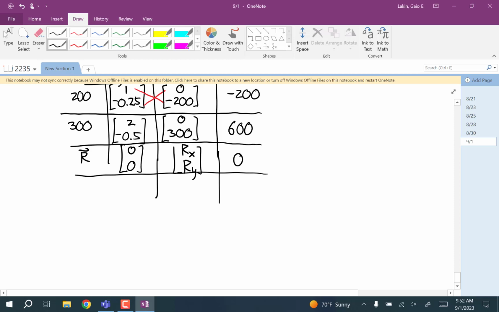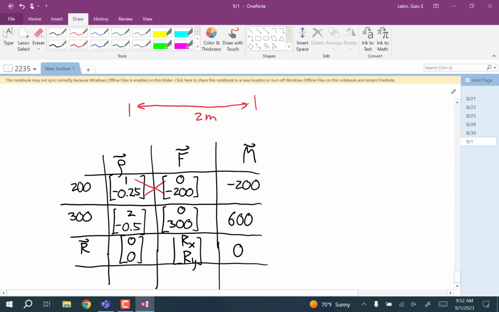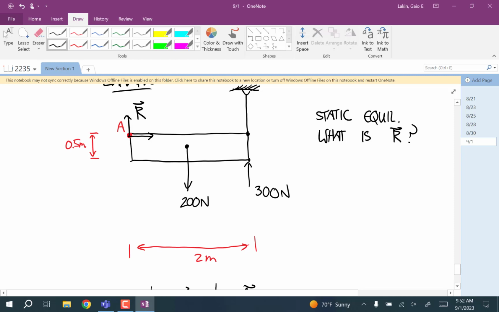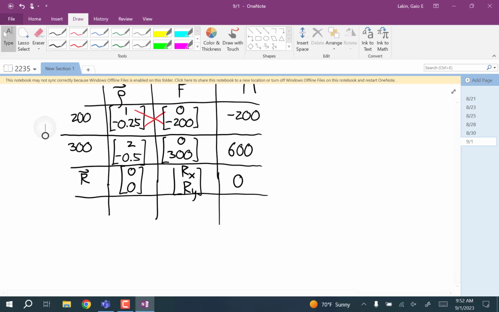This is almost done. Now we need the cable force. The cable force is applied there. The rho vector is 2, 0, 0, or 2, 0 if we're just using the two components. The force vector is 0, t. Cross product then is 2t.